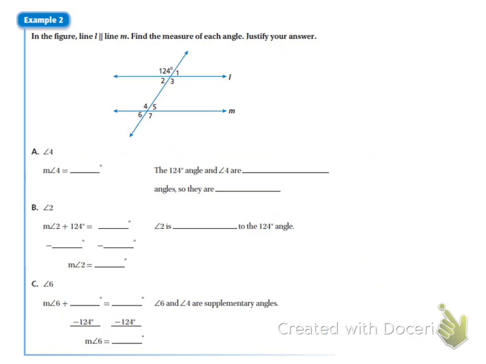So in this figure, line L is parallel to line M. Find the measure of each angle. Justify your answer. While looking at our lines, angle 4 is 124 degrees. And how did we find that?